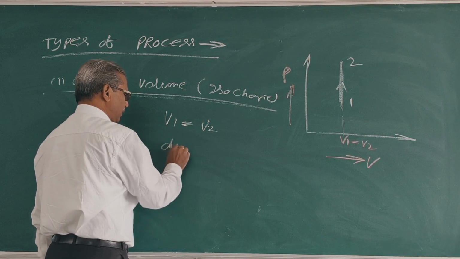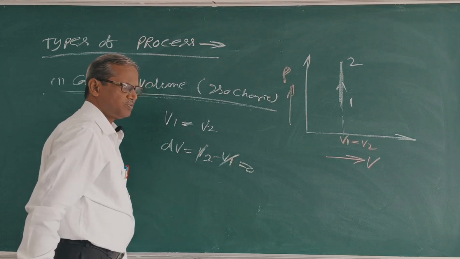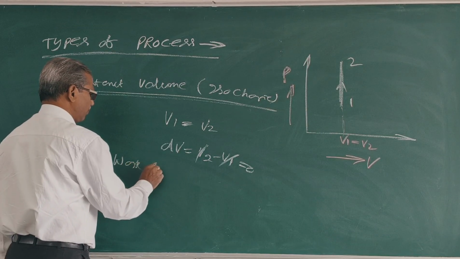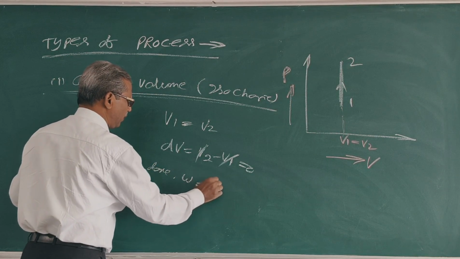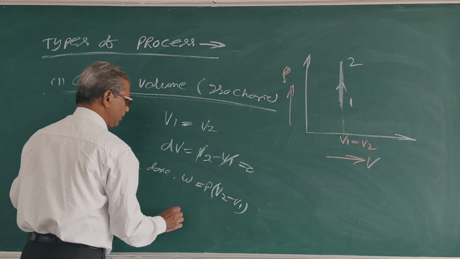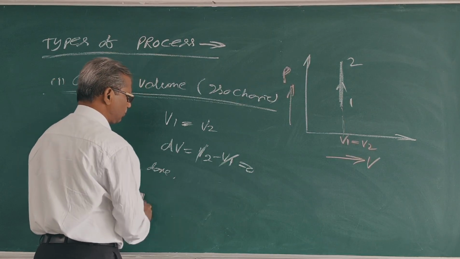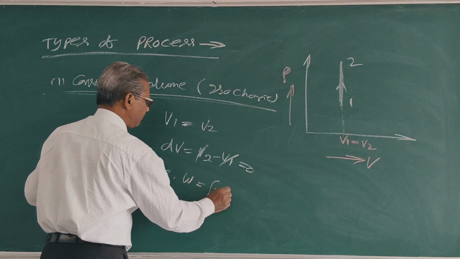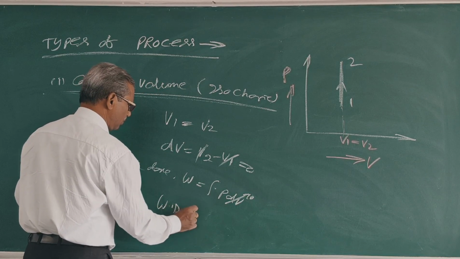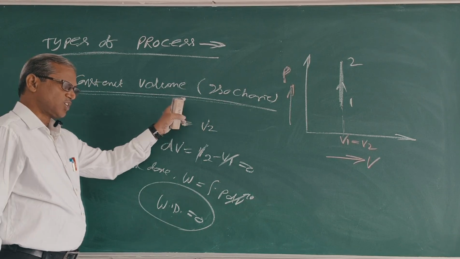What change of volume dV is equal to V2 minus V1, 0. What is work done? W is equal to integration of P dV. This is 0, so work done is 0. Clear?